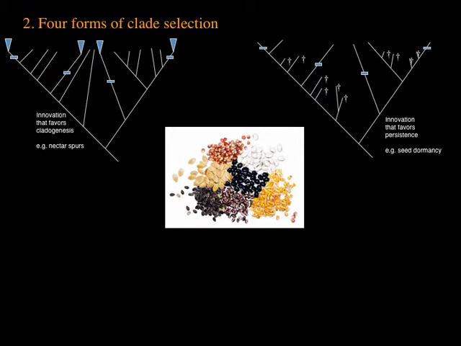Now notice that whether we're talking about nectar spurs or seed dormancy, the formation of the character is by the old way that we've always been talking about, the ordinary selection among individuals within a population, where some individuals do better than other individuals in a pretty immediate way, like in the next few generations, making it so that their offspring are more numerous than the offspring of other plants that didn't have extended seed dormancy.